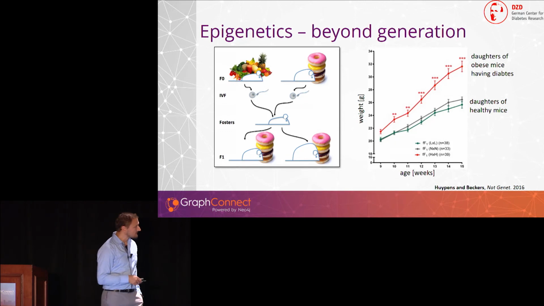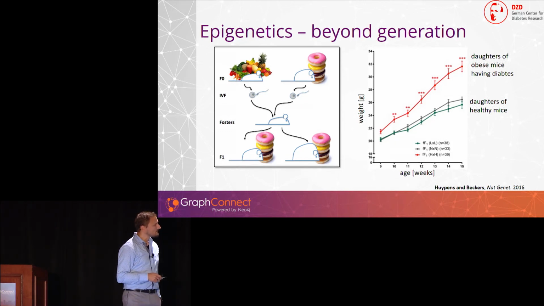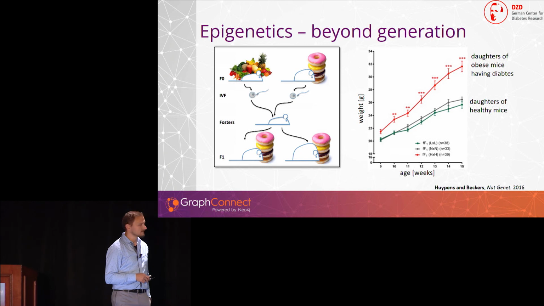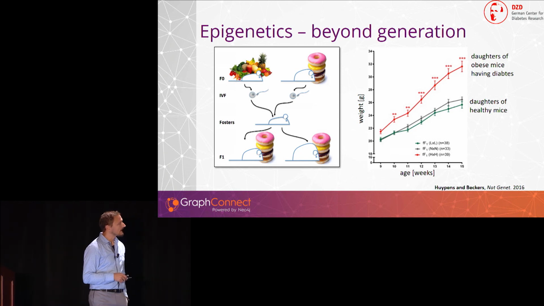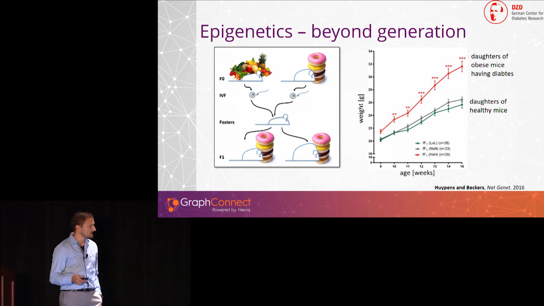The question was, so we have high-fat diet mouse and normal diet mouse, and when you in vitro fertilize them and bring them into the mother, the new generation gets fat. And this is because of epigenetics, because of your lifestyle and not your genes.